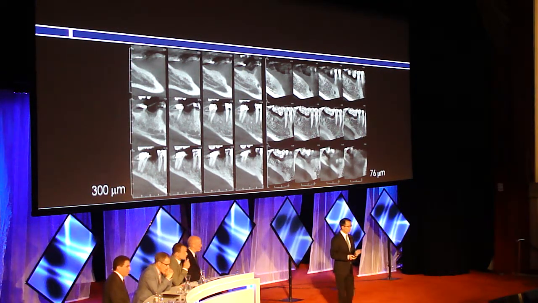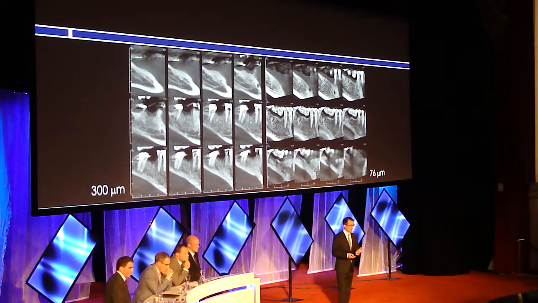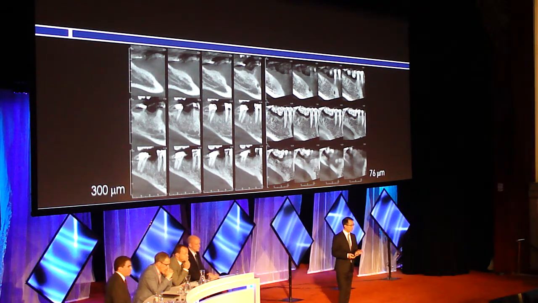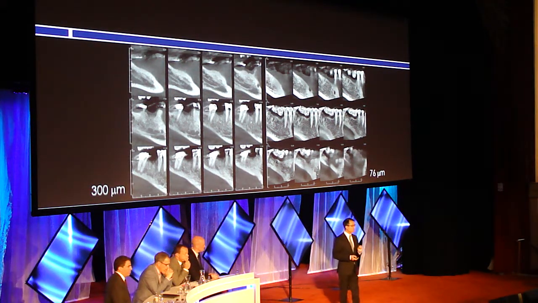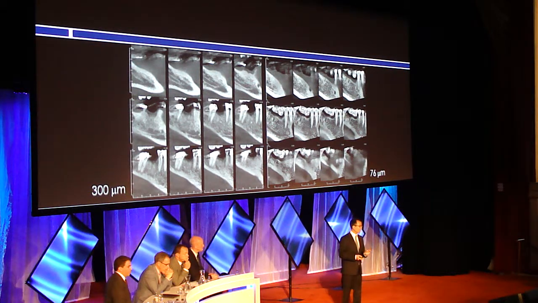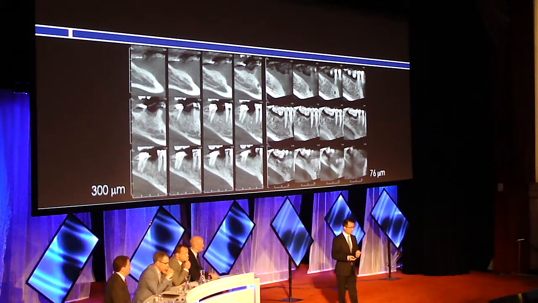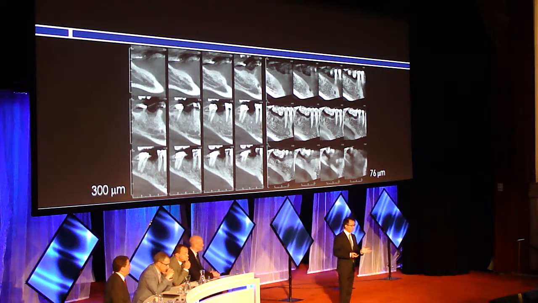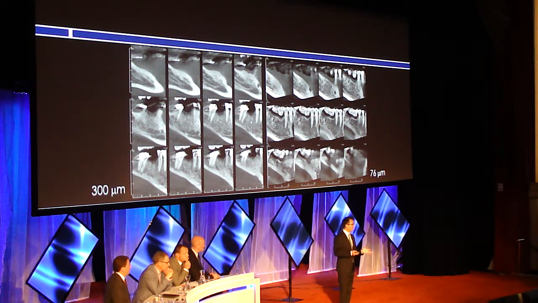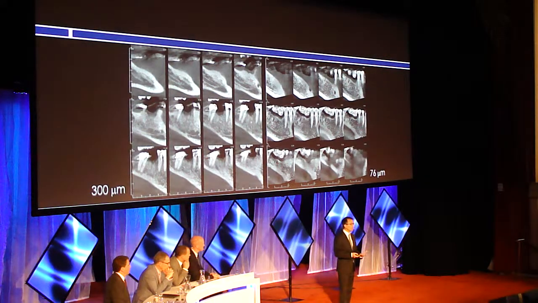On the right-hand side, this is a patient who was scanned with a 76 micron voxel size. And you can see very, very nicely the clarity of the trabecular bone in the mandible. It's really beautiful. On the left-hand side, this is another patient who was scanned with another machine at 300 microns.